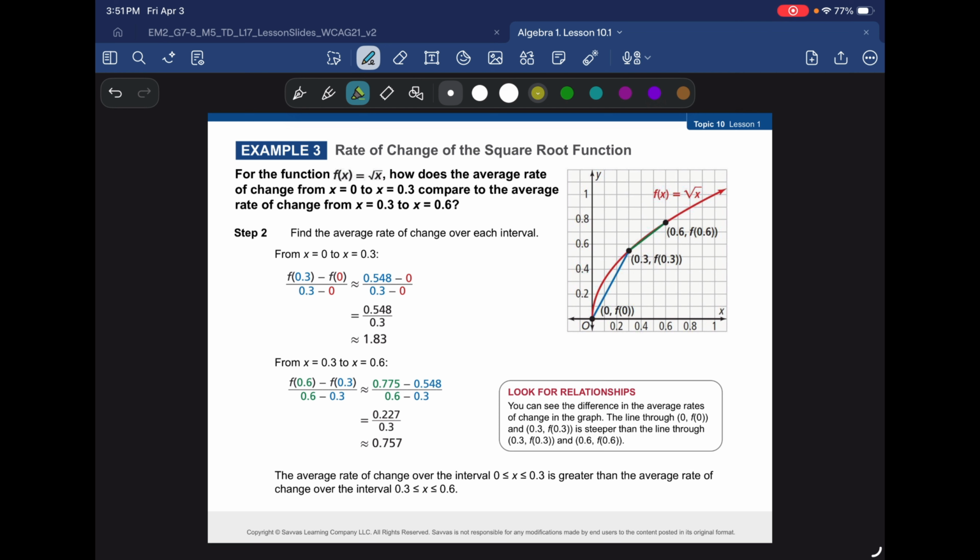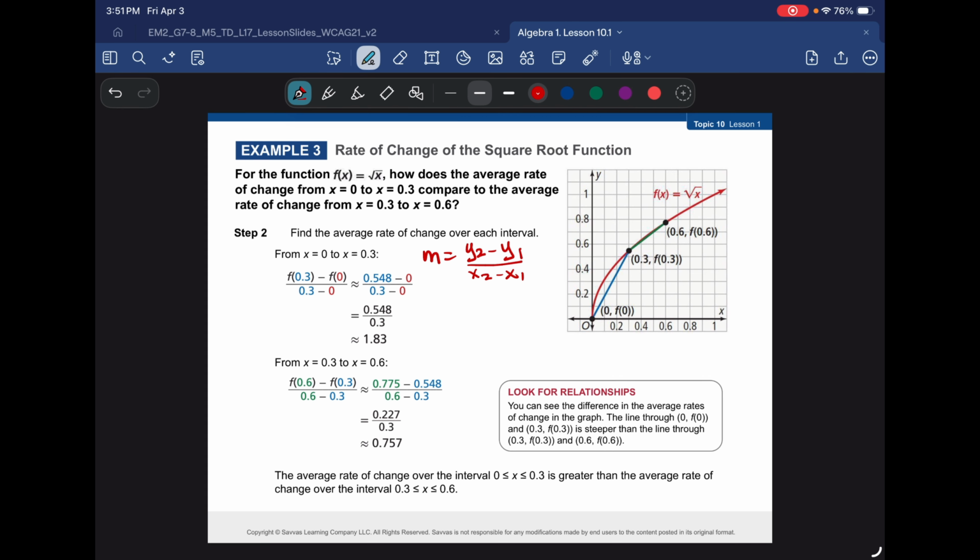So for the first interval, going from 0 to 0.3, remember slope or rate of change is, I'm going to write the formula here, the change in y, or y2 minus y1, over the change of x, or x2 minus x1. So we're looking at the second point minus the first point. And we remember in algebra that instead of saying y, we use output for functions.